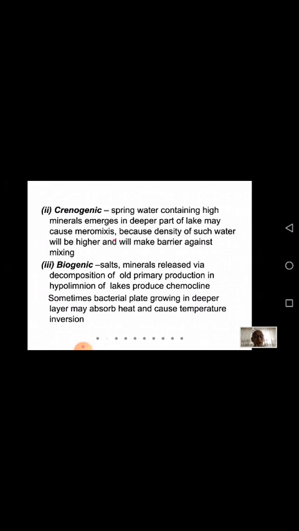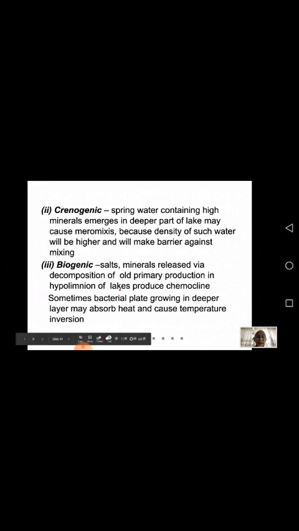And biogenic: bio means living things, and genic means genesis. So if your meromixis occurs because of living organisms, then it is called biogenic. Salt minerals are released by the decomposition of organisms.